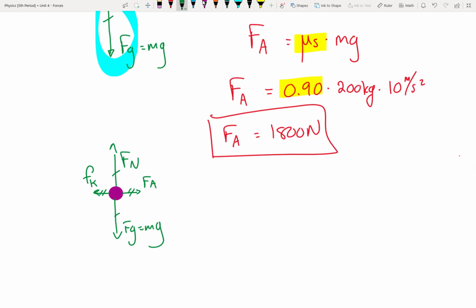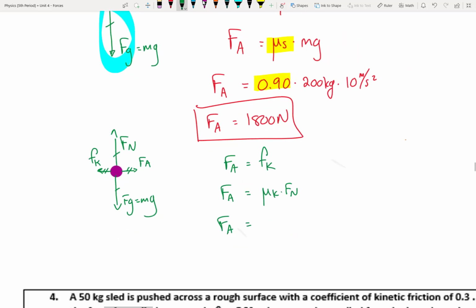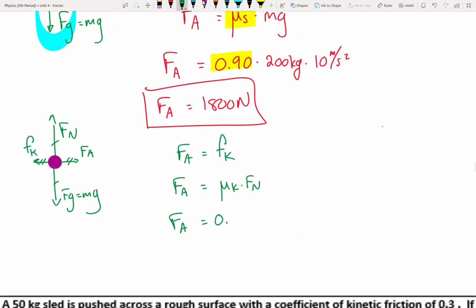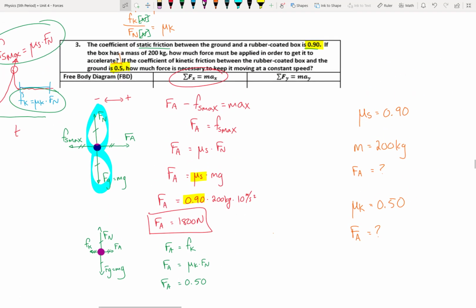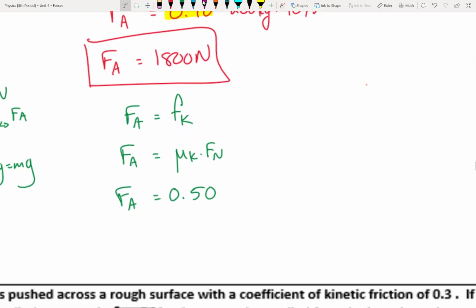So I'm still doing the same thing. To keep it moving, my applied force has got to be equal to Fk. Those forces got to balance. Fk is equal to mu_k times the normal force. So that applied force is going to be not 0.9, but 0.5. Let's double check, make sure that's the right value. Yep, 0.5 is our mu_k.